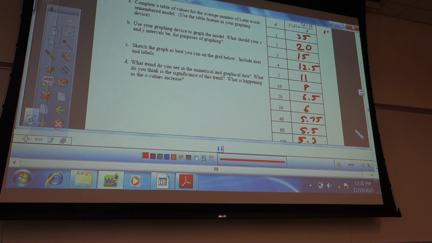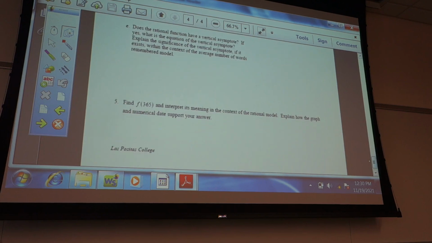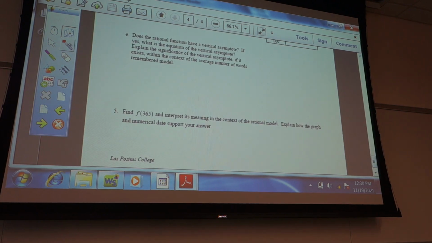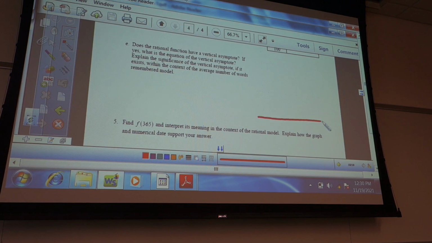So we're going to kind of sketch this. Again, our x's are going to go from 1 to 100.